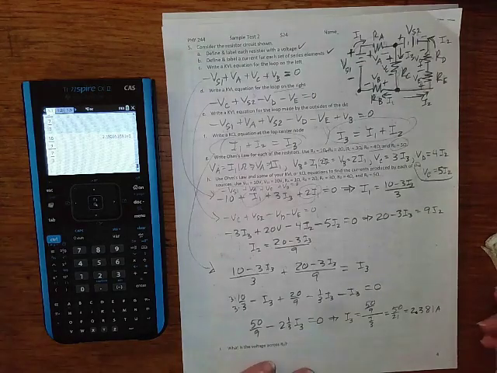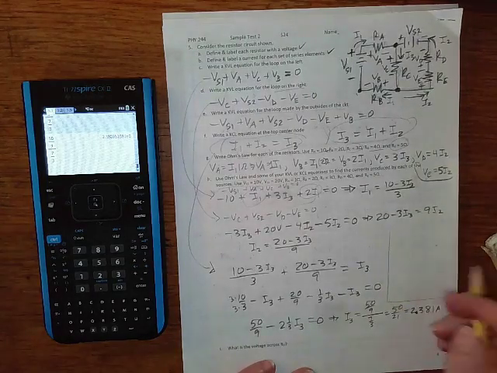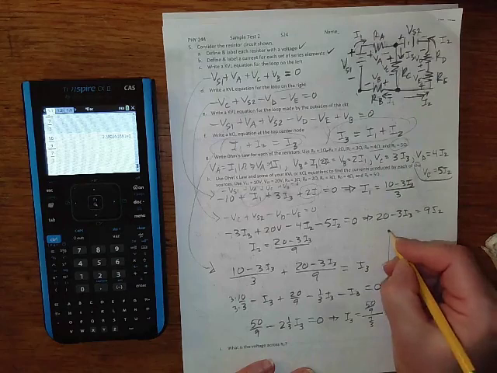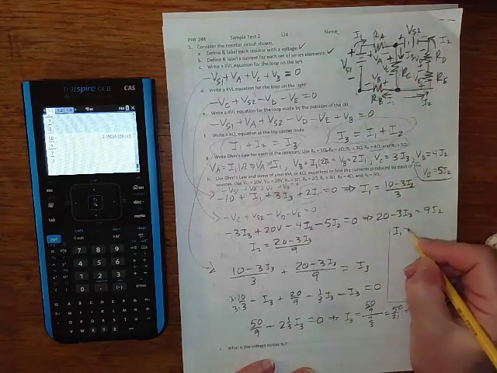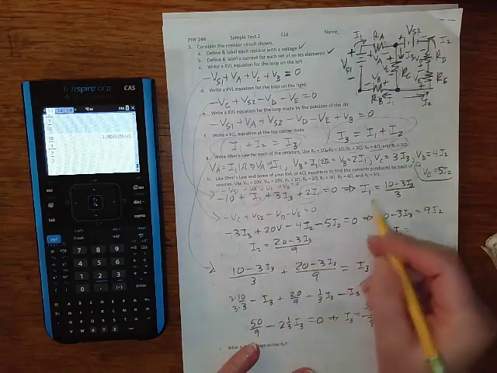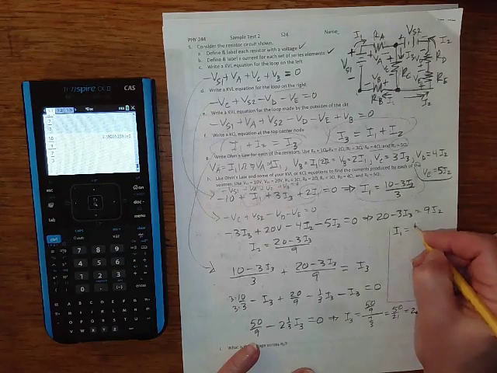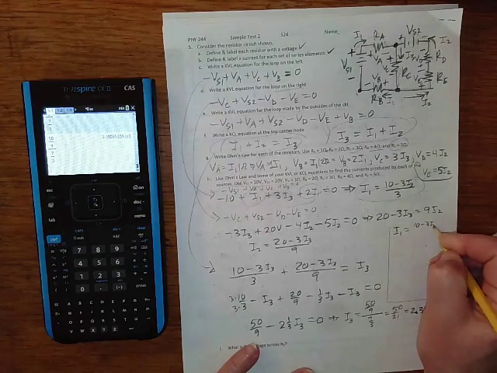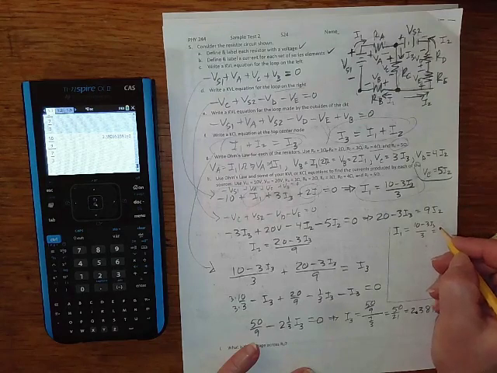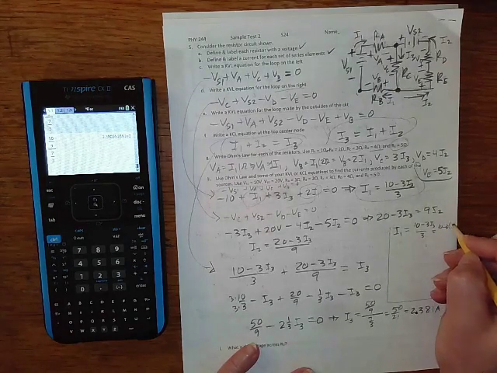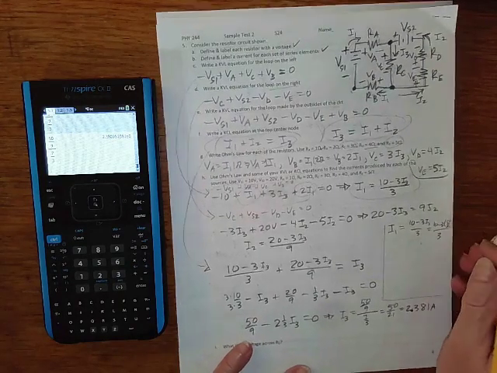But that doesn't answer the question, because we want the currents in the sources. So we want I1, which is the current in VS1. I1 is 10 minus 3I3 over 3, which is 10 minus 3 times 50 over 21, all divided by 3.